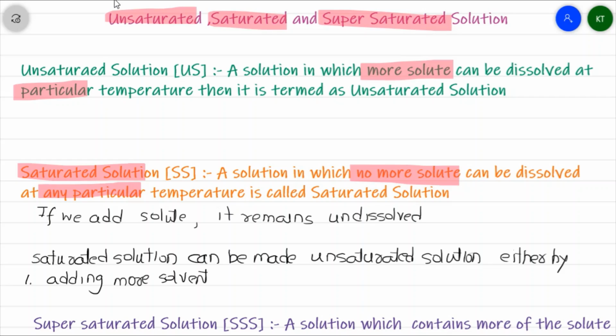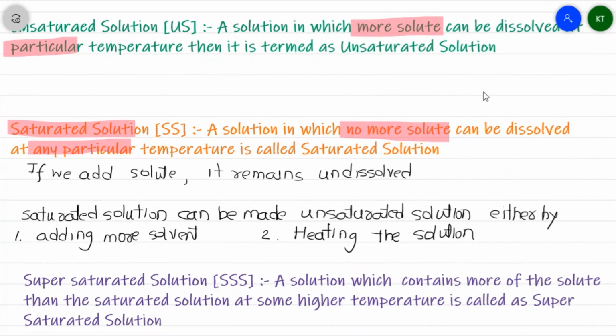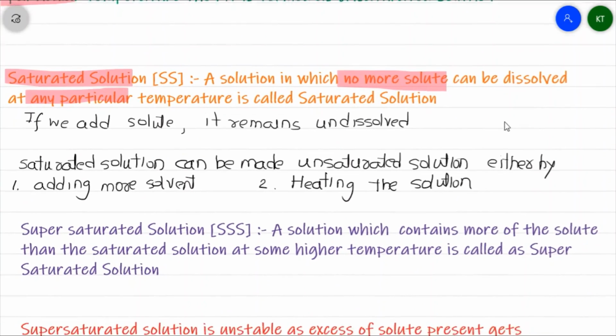If you add more solvent, then the extra solute which is undissolved will dissolve in that added solvent. Or second, by heating the solution. When I heat the solution, whatever extra solute which is not dissolved will become soluble, because the solubility increases with increase in temperature.